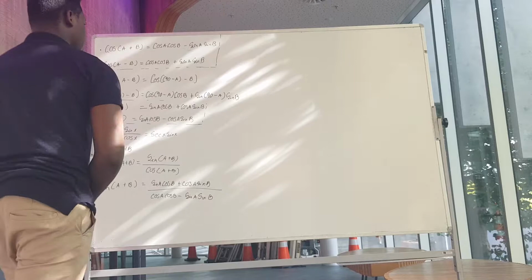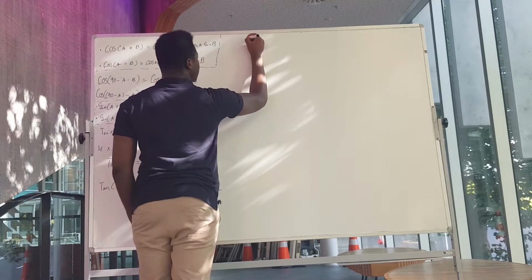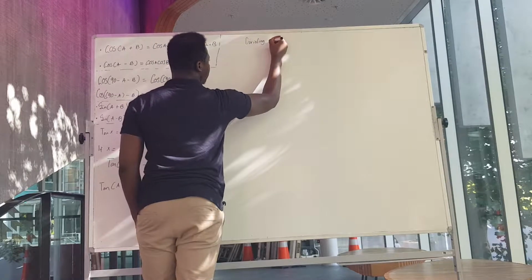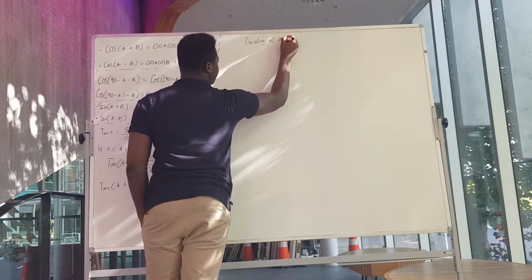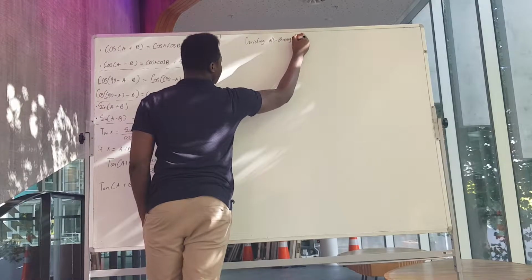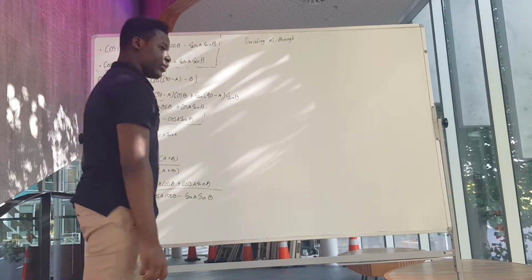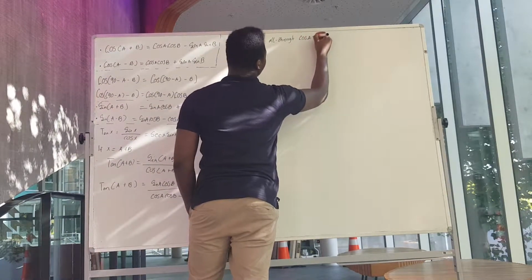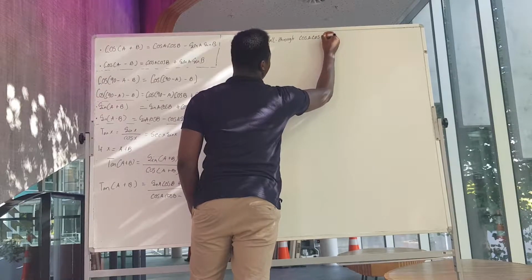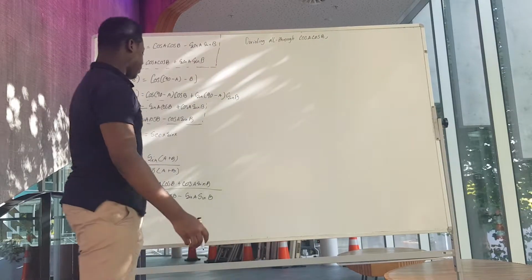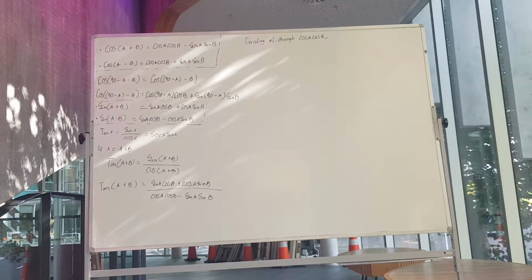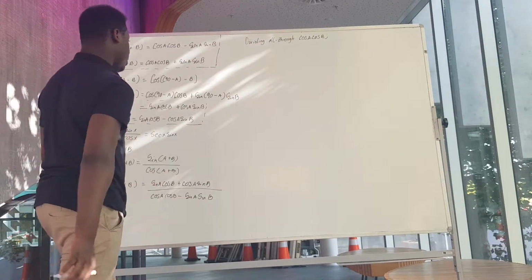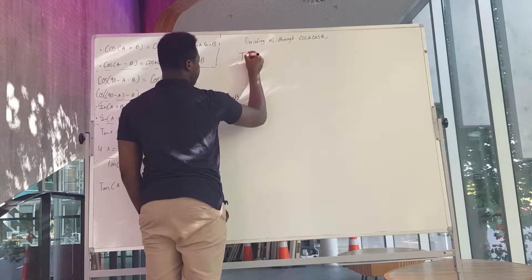So dividing all through by cosine a cos b, the denominator's first term goes to 1.